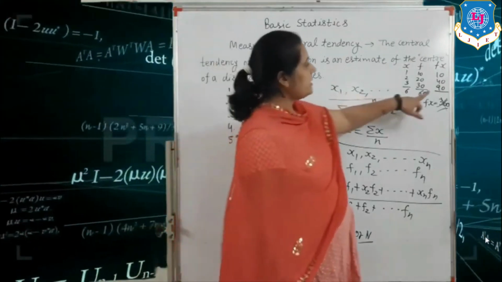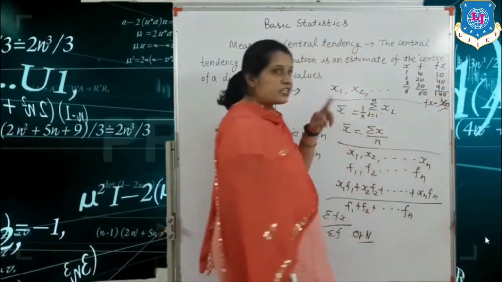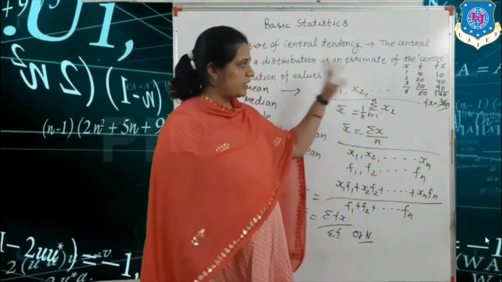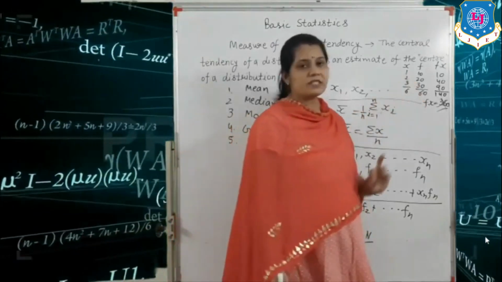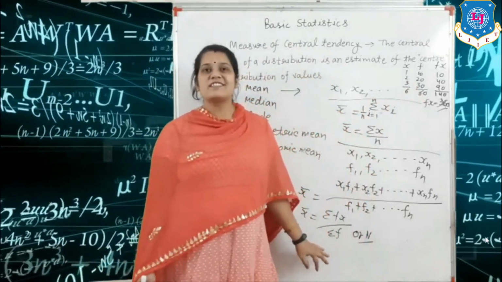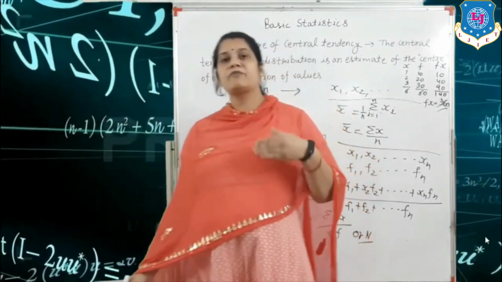After that you sum these, that means 140. So summation fx is equal to 140, divided by the summation f. Summation f is equal to 60. So this is the example of the arithmetic mean with the help of grouped data.